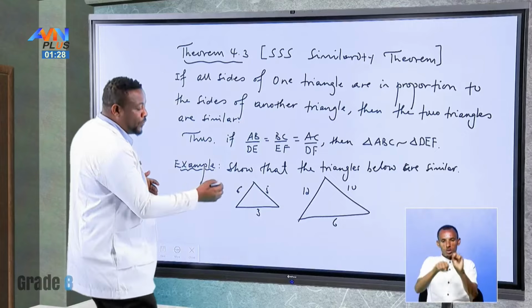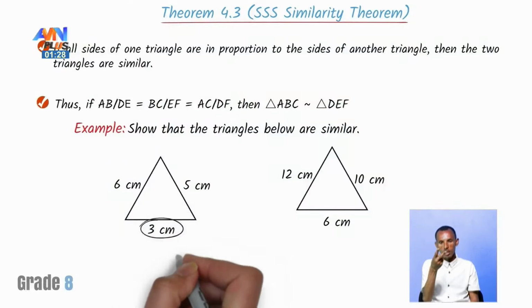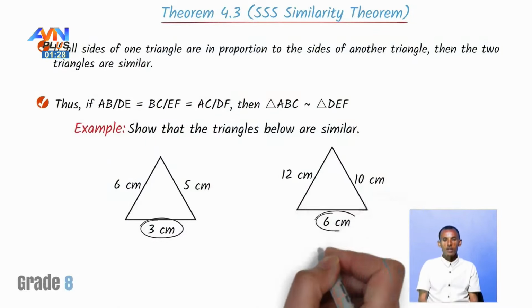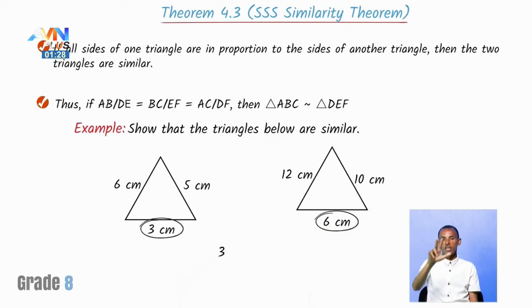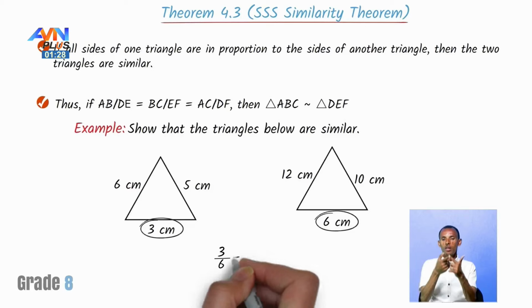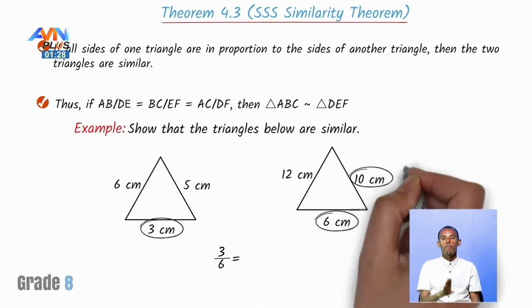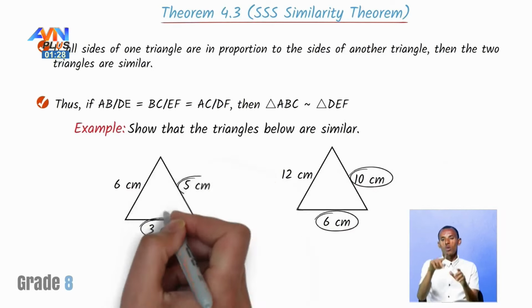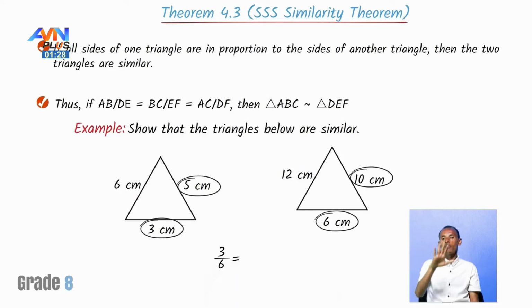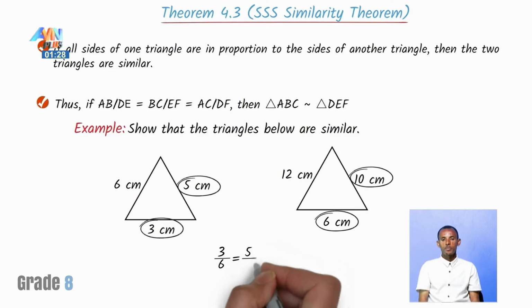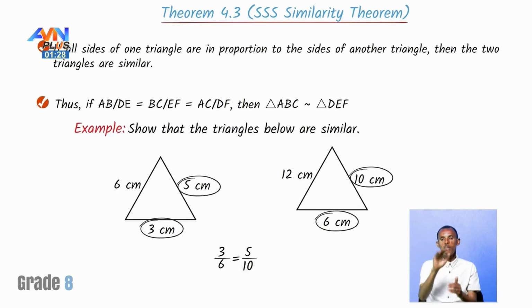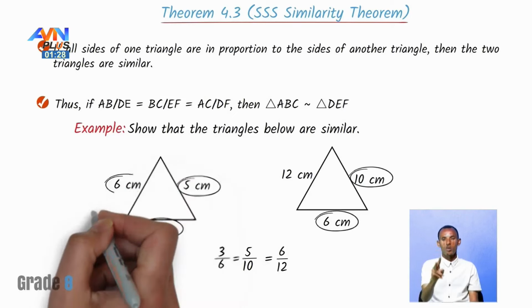So if you take this number by this, okay, 3 over 6, okay, the second ratio, if you take this over this, you need to take this over this, okay? You need to compare 5 over 10, and lastly compare 6 over 12, okay?